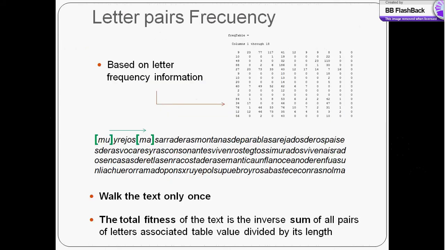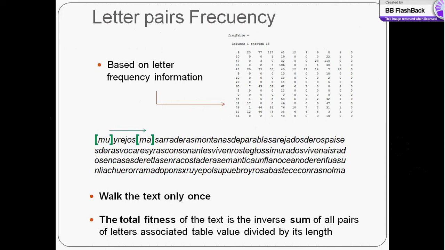So let's talk about the letter pair frequency system. As the name states, it is based on information that can be found on the internet in the format of a table. Each cell of this table represents the probability of finding the two associated letters together.